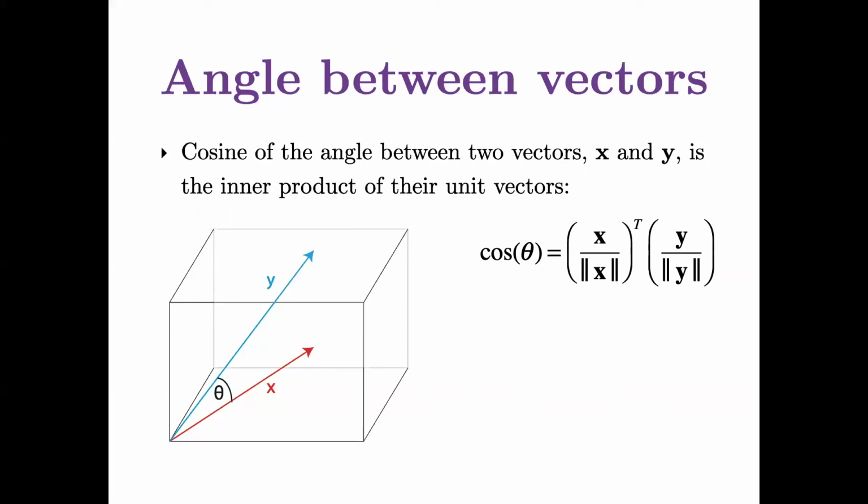So this equation is equivalent to writing the expression shown here. And this is the unit vector in the direction of x, because all I have to do is divide every element in x by its norm, just like we did in the previous example. So it's the inner product of the unit vectors pointing in the direction of x and y.